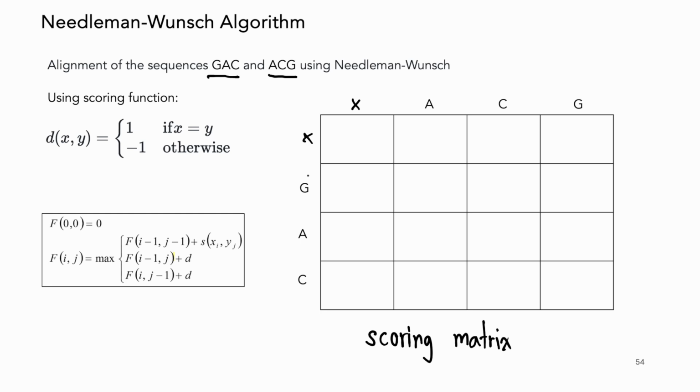We will start putting the first nucleotide of the first sequence on the second row and the first nucleotide of the second sequence in the second column.